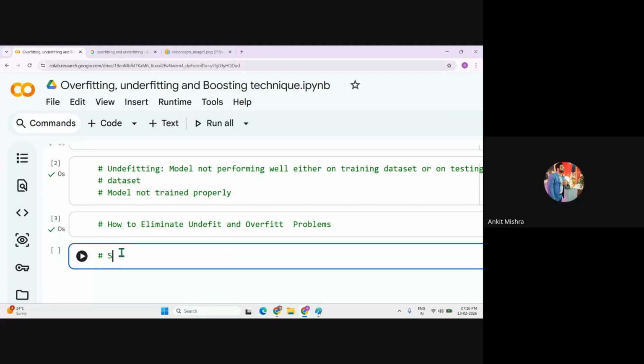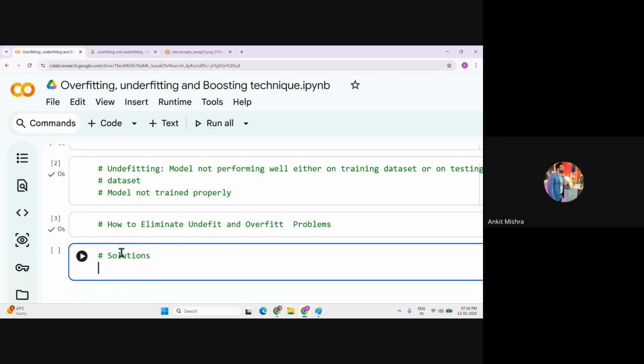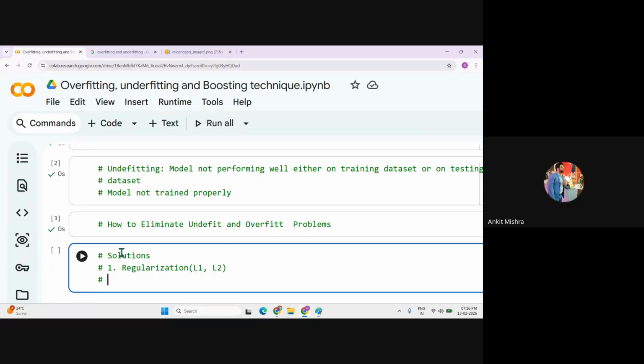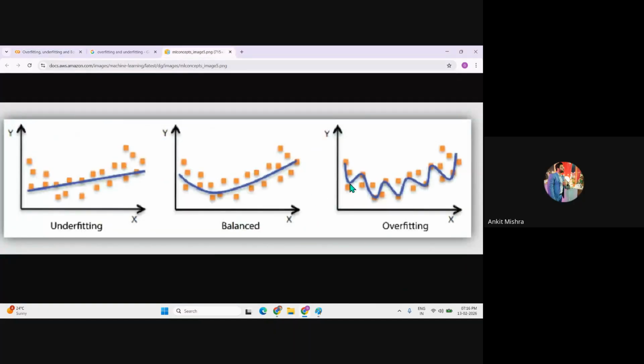Let me write the solutions. The first solution that you can use, which can again be asked in interviews, is the regularization technique, L1 and L2. Second, we can use cross validation. And third, see, why are we getting overfitting?